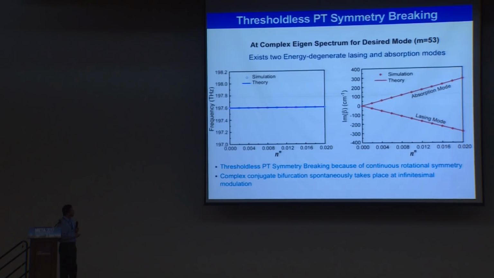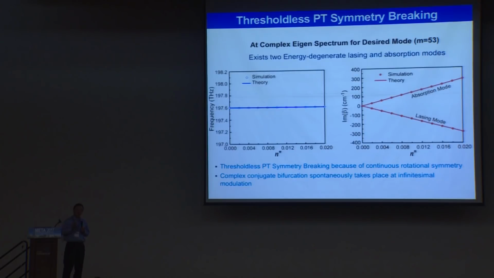At the same time, the imaginary part of the wave vector, k, starts splitting right at the zero of the modulation. So one of the modes is a lasing mode, as you increase the imaginary modulation, and the other is an absorption mode. Of course, this is for the right desired mode.